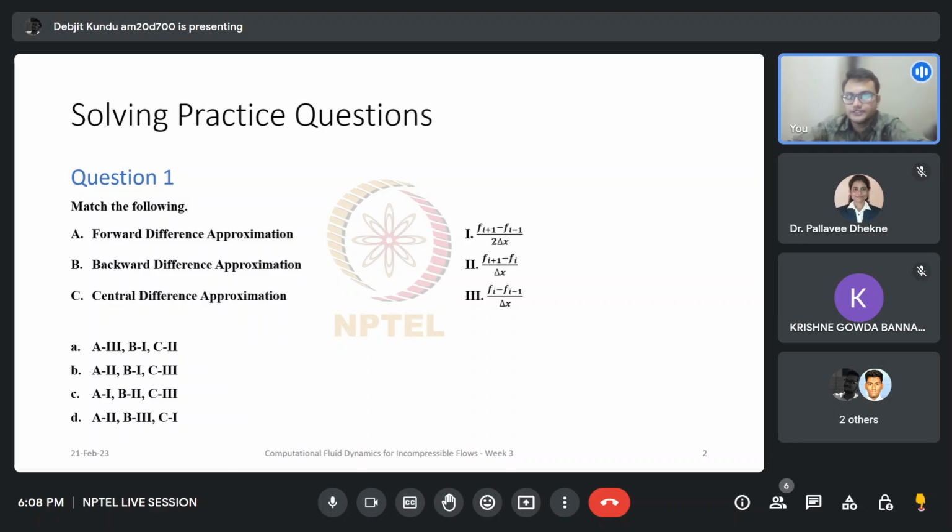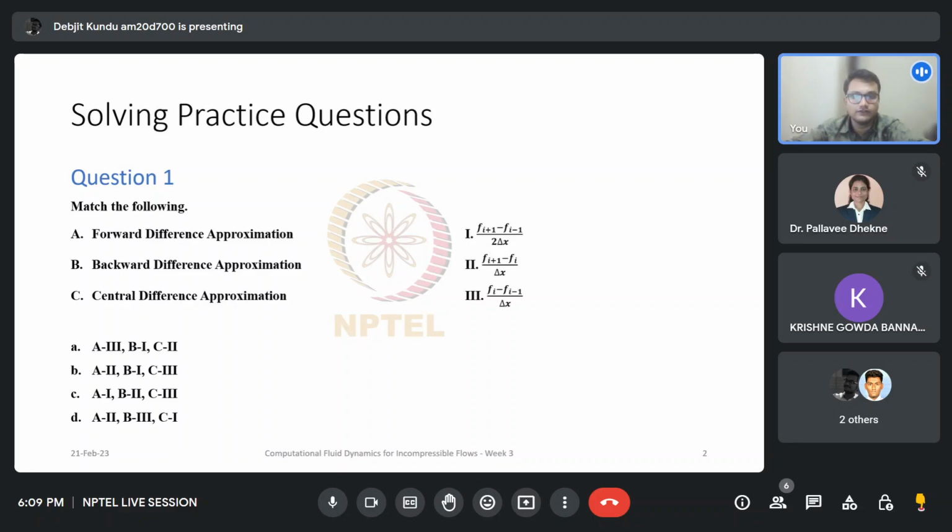I'll read out the question once again. The first column has three options A, B, C. A is forward difference approximation, B is backward difference approximation, C is central difference approximation. On the second column, we have option 1, fi plus 1 minus fi minus 1 divided by 2 delta x. Option 2, we have fi plus 1 minus fi divided by delta x.